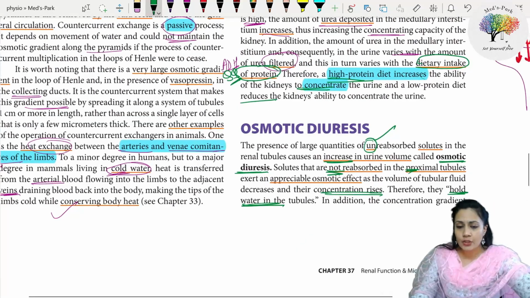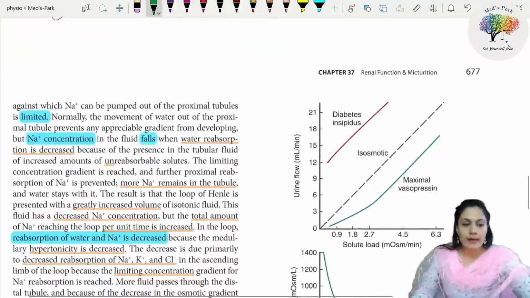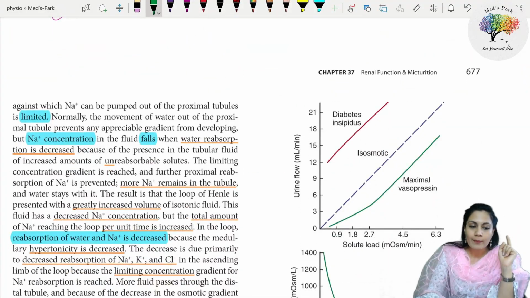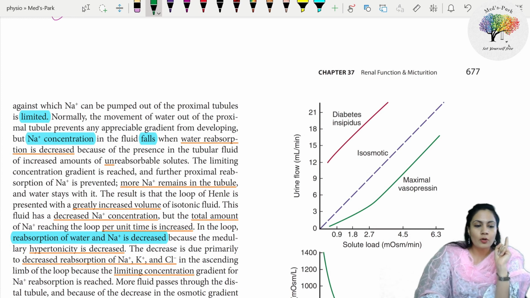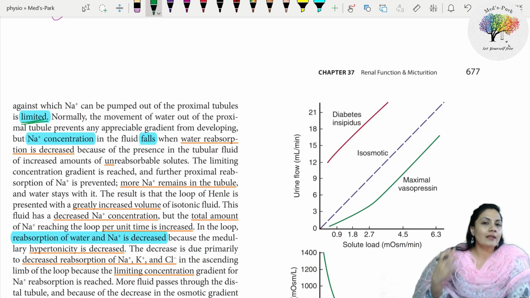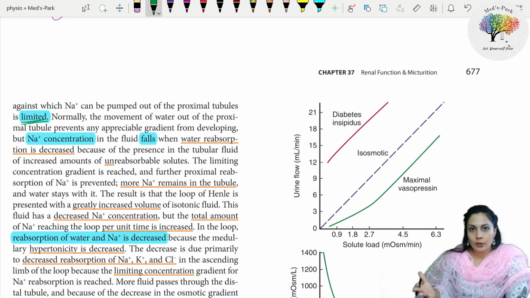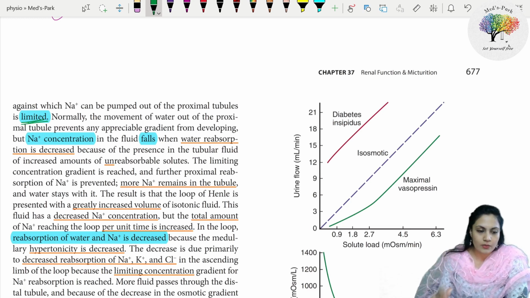So that's what they are saying, that the concentration is going to rise, therefore they hold water in the tubule. In addition, the concentration gradient against which sodium can be pumped out of the proximal tubules is limited. Now there is some limit to the sodium reabsorption. Usually 60 to 70% of the sodium is absorbed in the proximal tubule. It's not like sodium is going to reabsorb continuously. It is going to have certain limits, right?